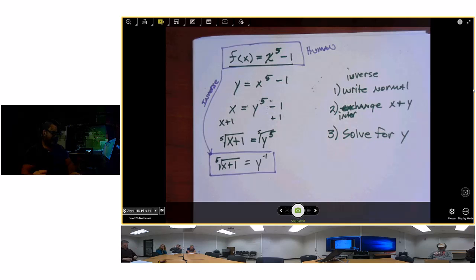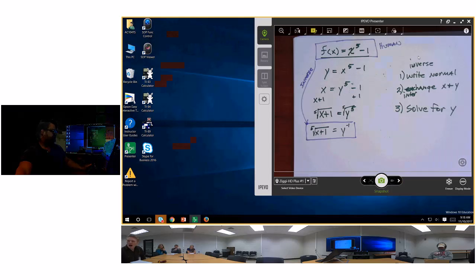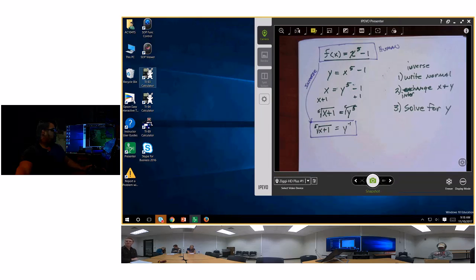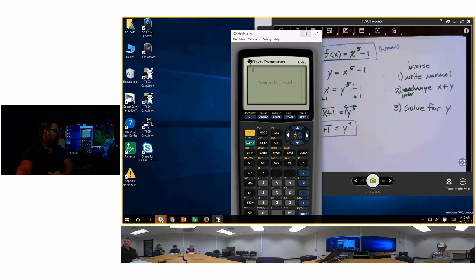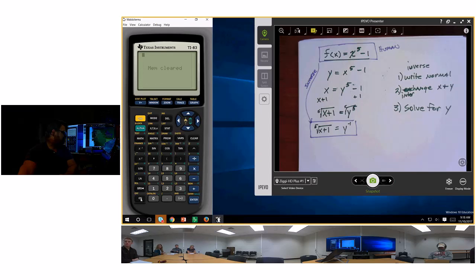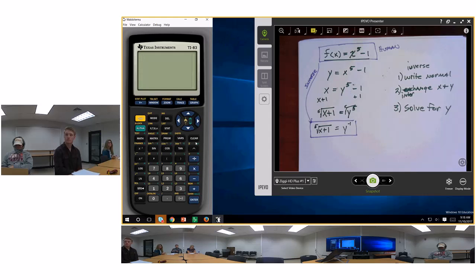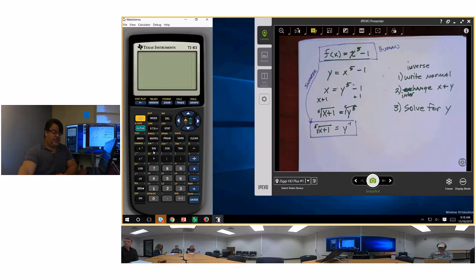Now, what does that mean? Well, take your handy-dandy calculators out and graph these two functions. This is the best way to show you, because if I take you through the PowerPoints, you're going to be confused. Y is equal to x to the fifth minus 1.